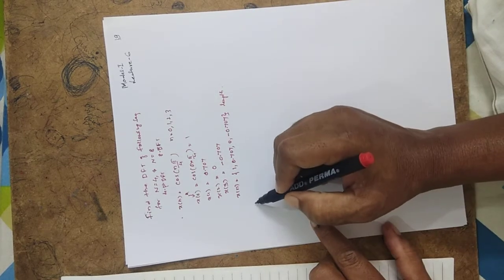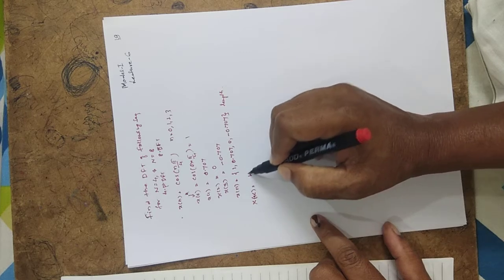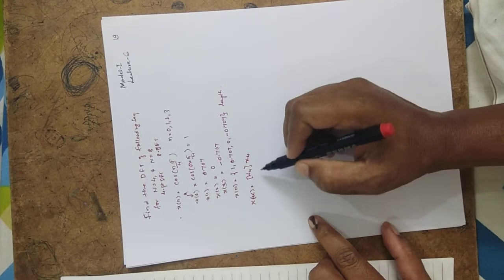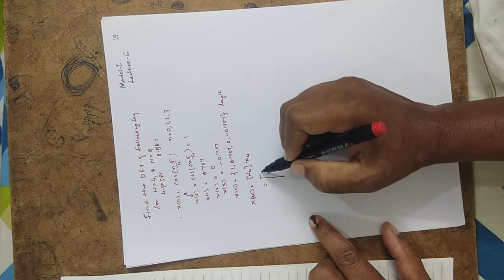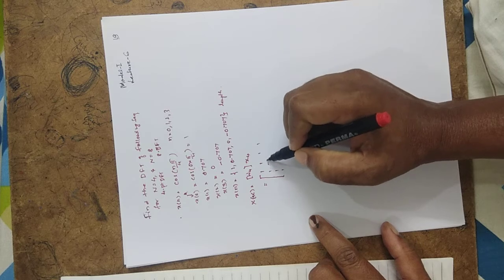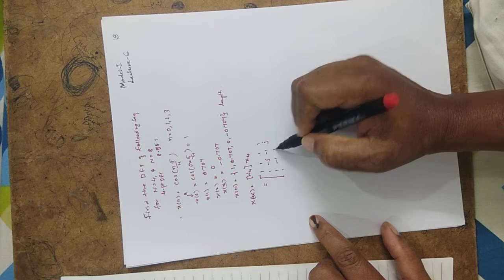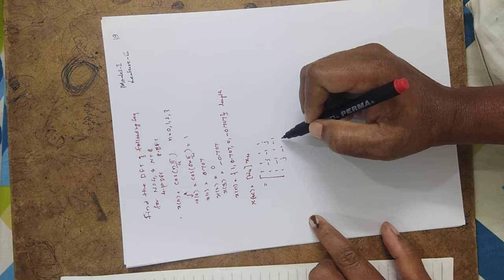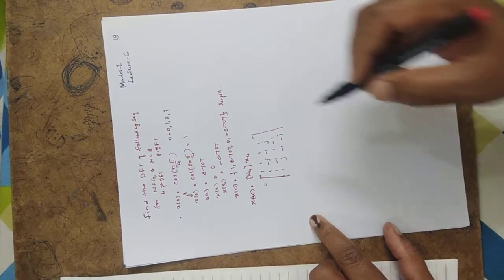So as a standard procedure, I use X of k equal to W4 into x of n. The W4 matrix we have already generated. Let me write it down: 1, 1, 1, 1; 1, minus j, minus 1, j; 1, minus 1, 1, minus 1; 1, j, minus 1, minus j. This is W4.